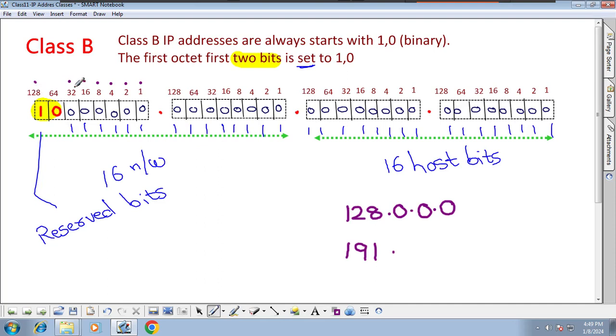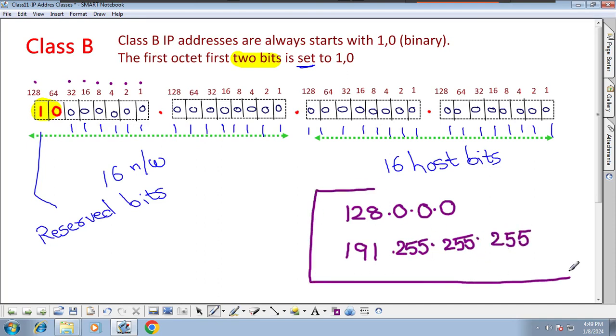128 plus 32 plus 16 and so on, because this is a reserved bit. The reserved bit should be calculated in the octet. We cannot exclude it, we should include it in the calculation. So 191 dot 255 dot 255 dot 255.